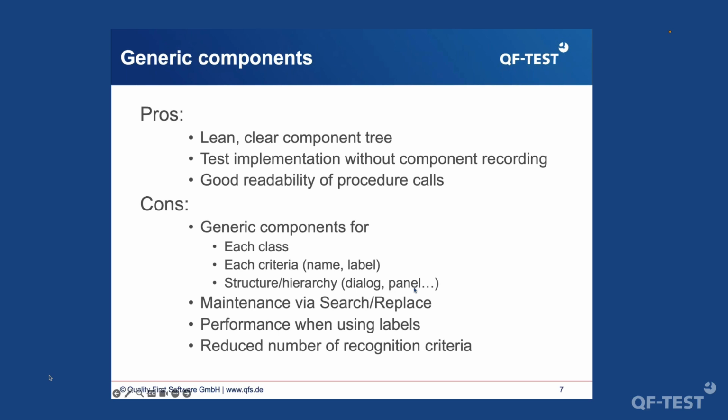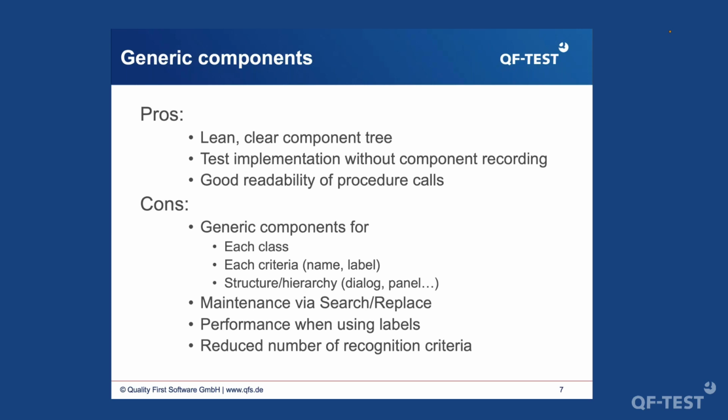And also a disadvantage is that you just need to maintain this if there are changes with the search and replace in QFTest. There may also be performance issues when using labels, because, let's say, QFTest needs more effort to determine the labels out of the component, because they may not be stored directly in the component information itself. There may be some components around it.